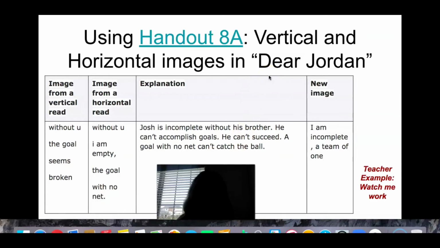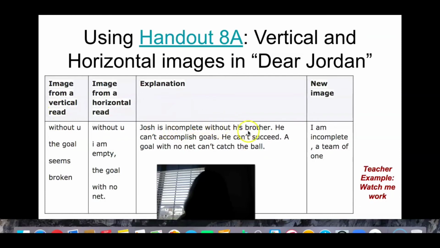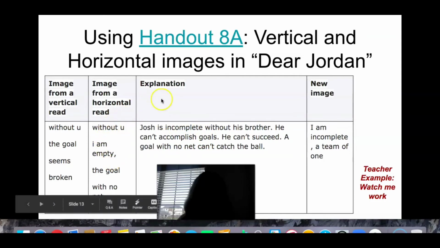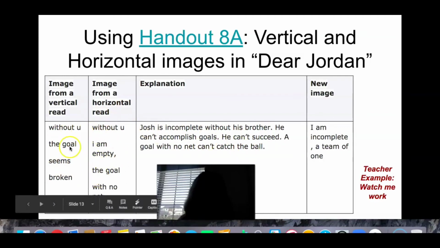So, when I read it this way, without you, the goal seems broken, it makes me think that Josh is incomplete without his brother, that he can't accomplish his goals. But when I read it this way, without you, I am empty, the goal with no net, he can't succeed. A goal with no net can't catch the ball. So here I've gotten two different meanings from how I read it.